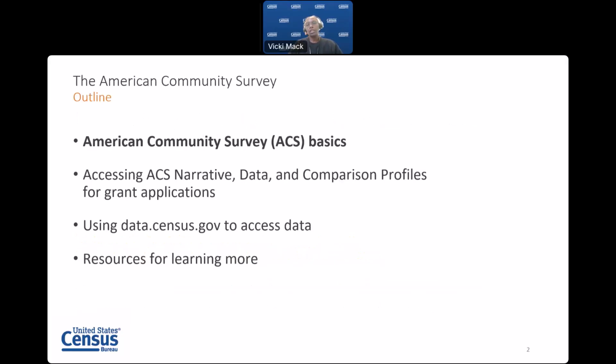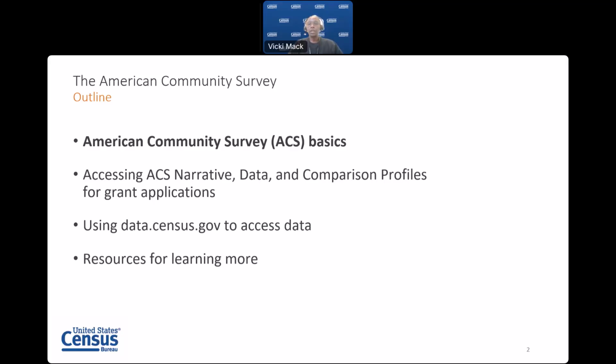Now let's go over today's agenda. For the first part of today's webinar, I will go over the basics of the American Community Survey, or ACS for short, including the topics that the data are available for, geographies covered, and the data release schedules. Then I'll discuss a few ACS data products that can help you easily find the ACS data you may need for grant proposals and how to access them.